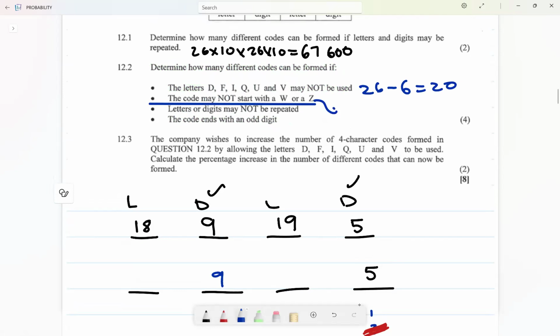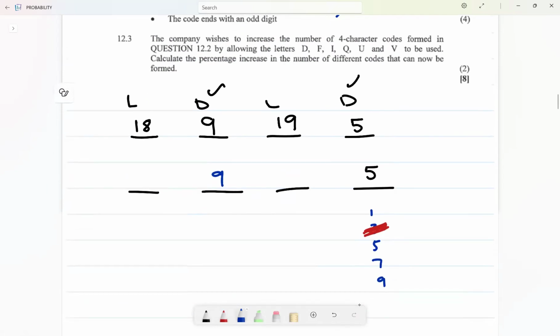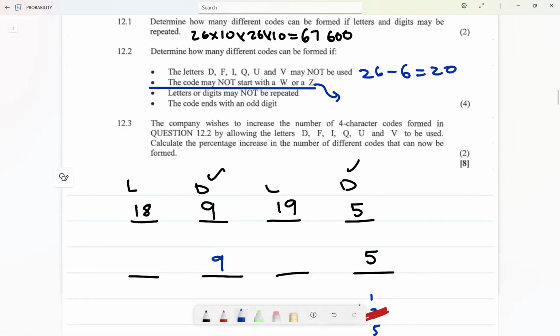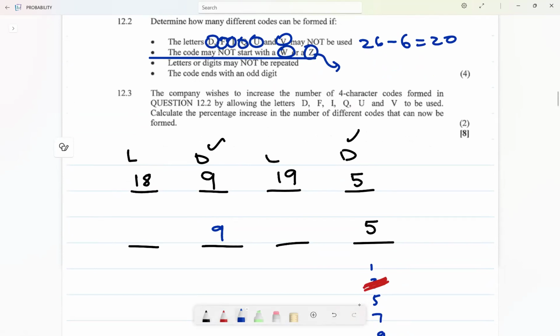So it means on the first position, it can be any letter except D, F, I, Q, U, V, W, Z. So it can be any letter except those 8. Why?